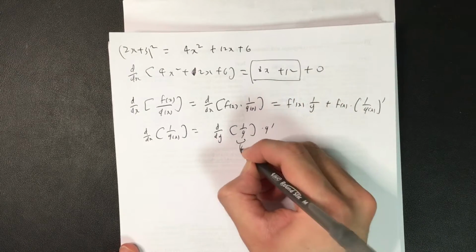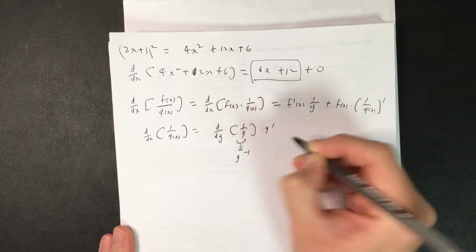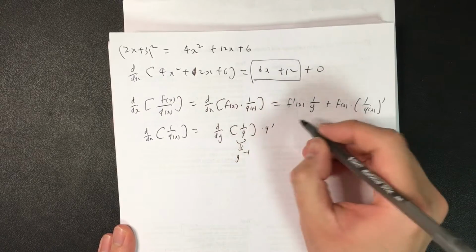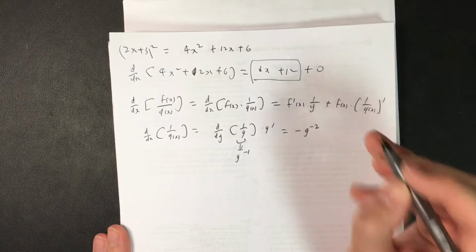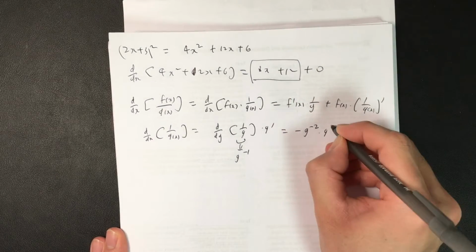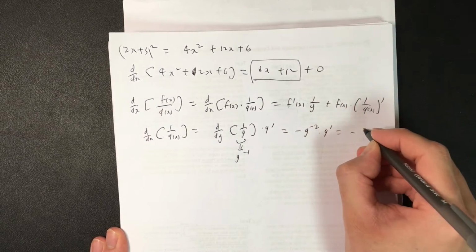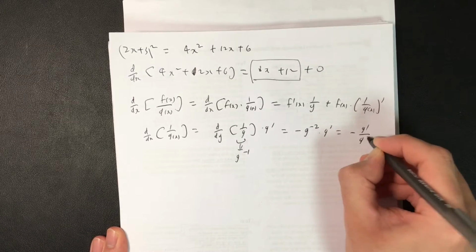Now, since this equals g to the power of minus 1, the derivative with respect to g would become negative g to the negative second power times g prime, which would be negative g prime over g squared.